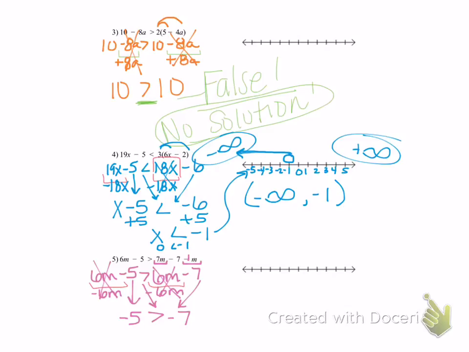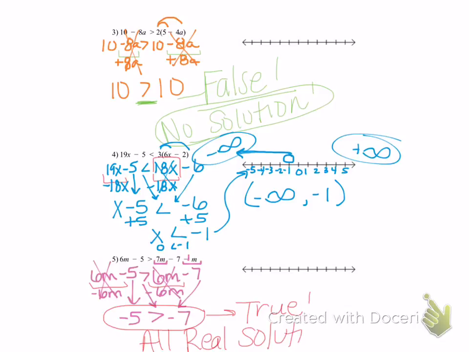We've got negative 5 is greater than negative 7. That's true. So we have all real solutions for this answer because this is true. And I'll give that a good smiley face because it's going to be a good day.